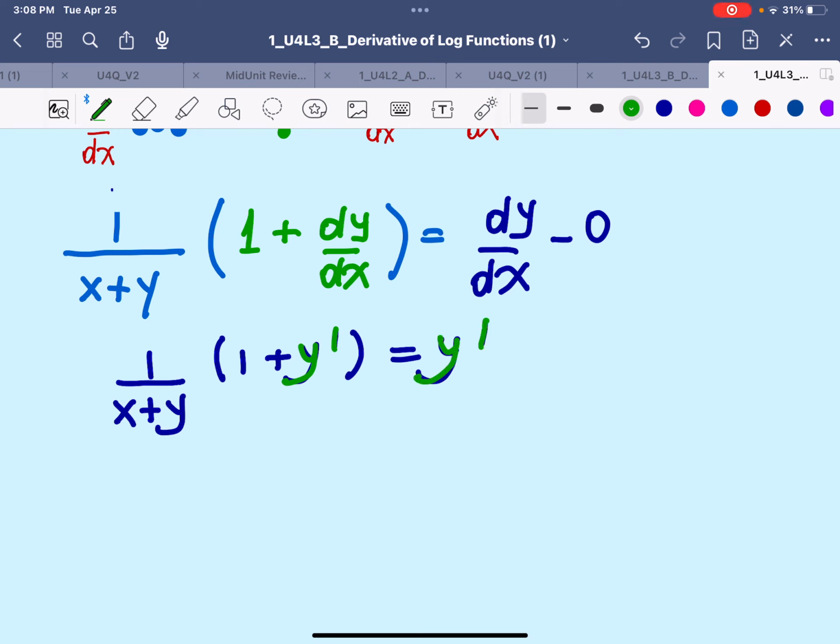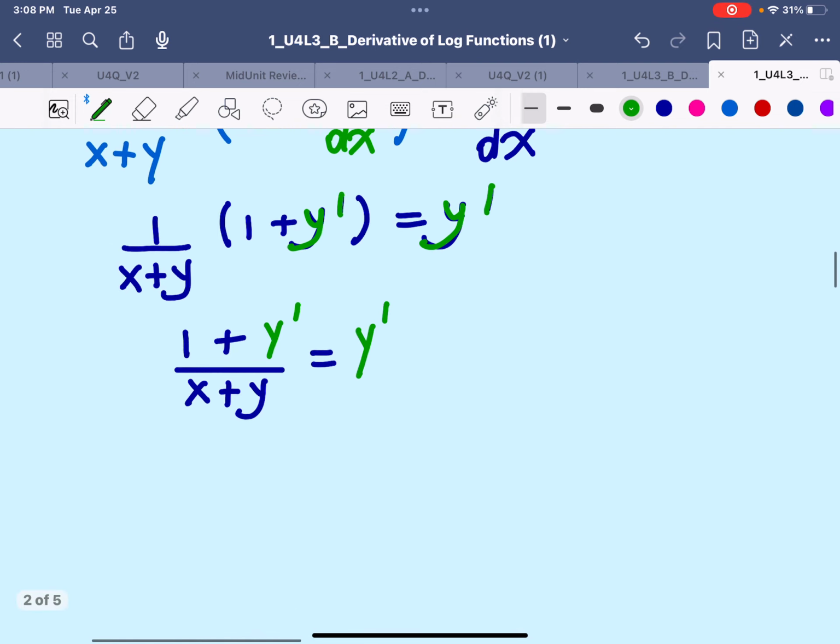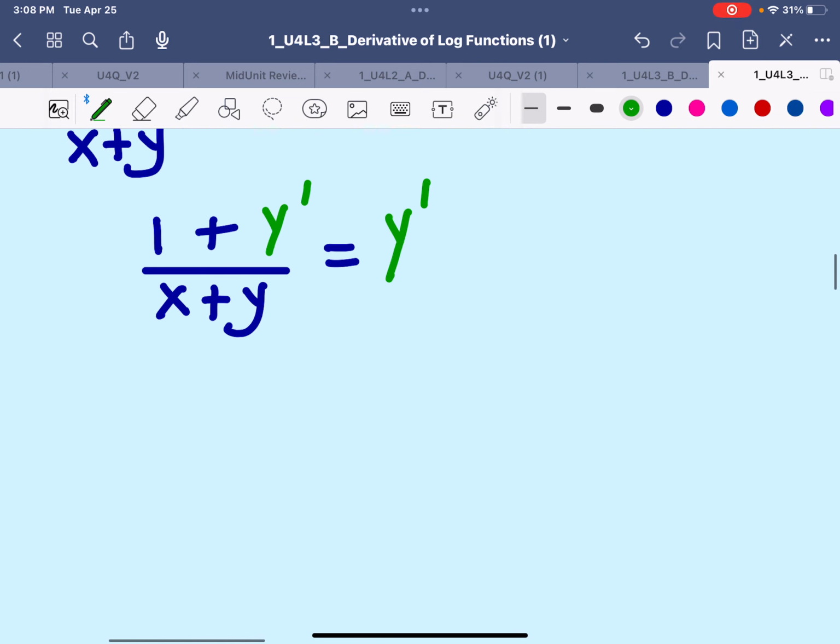All right, so even better, we have 1 plus y prime over x plus y. Obviously, you can simplify a lot faster, right? I'm just trying to show every single little step. And you see that we have a fraction on one side, but a non-fraction on the other. So we'll make it a fraction. We'll cross multiply.